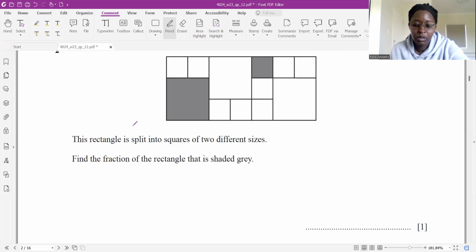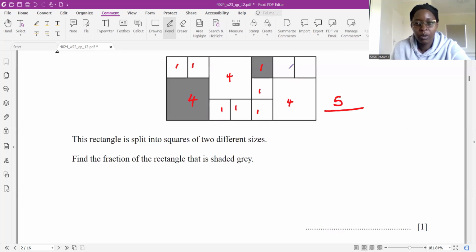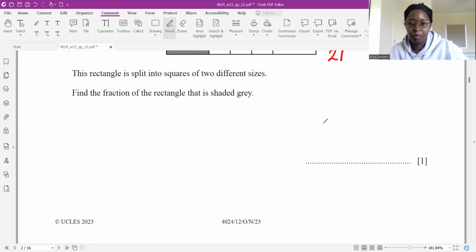For the shaded region, I've got 4 boxes here and 1 here, so basically I have 5 over the total. Counting the total: 4, 8, 12, 13, 14, 15, 16, 17, 18, 19, 20, 21. So this is 5 over 21. That's the fraction we have of the shaded gray part.